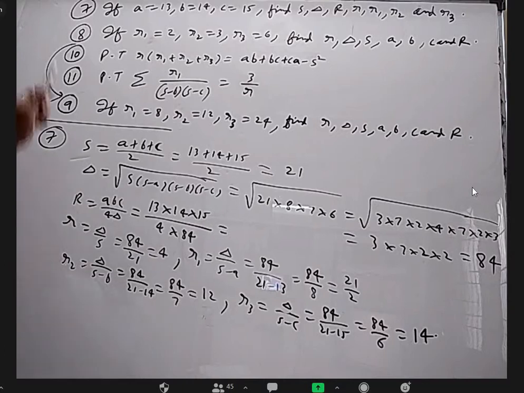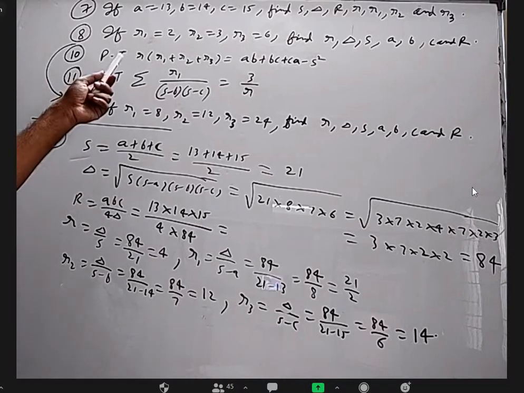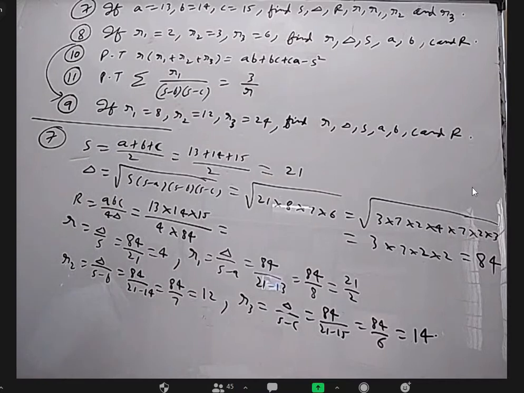8 and 9 are similar only. So after completing 8, you do 9 in the same way.